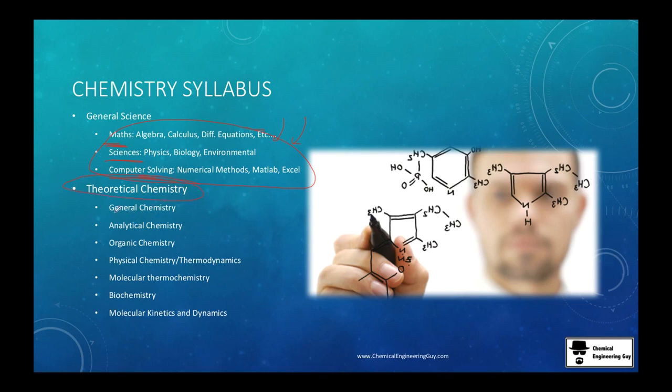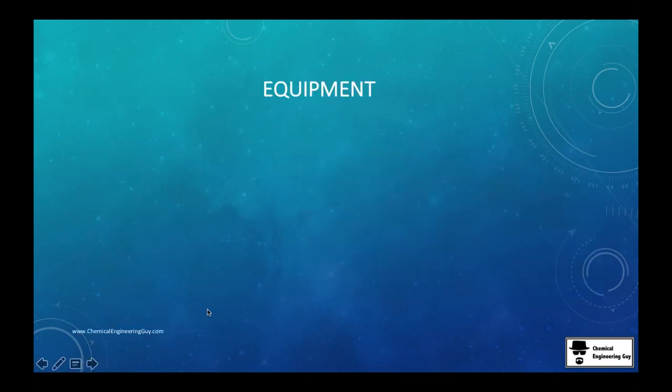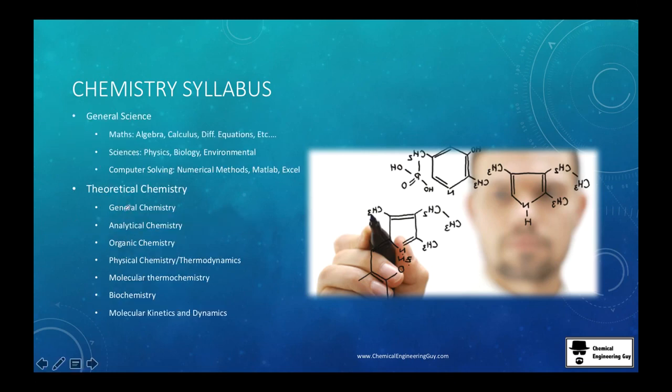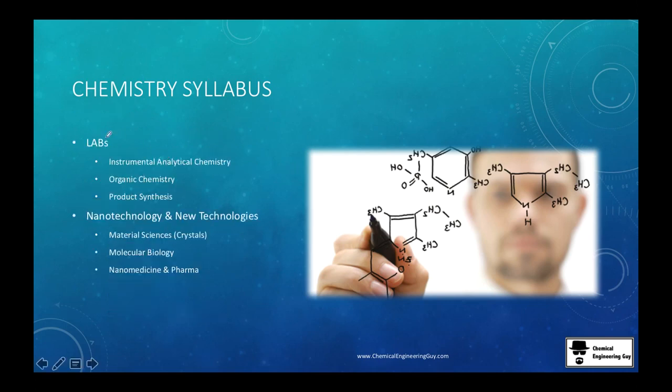Now for theoretical chemistry, which will probably be your second year, you have general chemistry, analytical chemistry, organic chemistry, biochemistry, molecular thermochemistry, molecular kinetics, dynamics, and once you have all that, you are going to probably check out some of the experiments. Because one thing is the theory, as the name implies, theoretical concepts, but eventually you want to do some practical work.